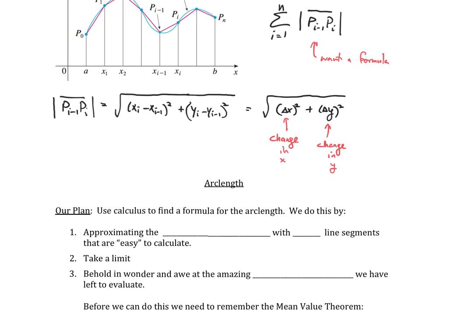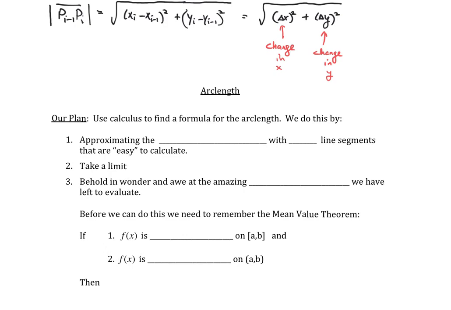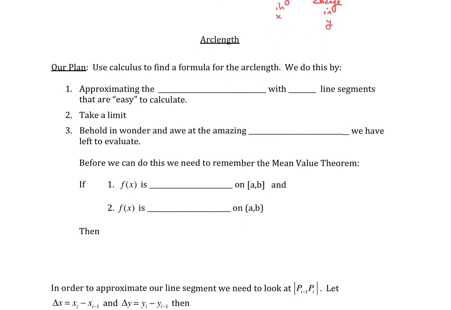Okay, so what's our plan? Our plan is to use what I call the basic calculus idea. This is how we found the area under a curve with a definite integral. We use this idea in calculus all the time. What is this basic calculus idea? First, we're going to approximate the arc length with n line segments.